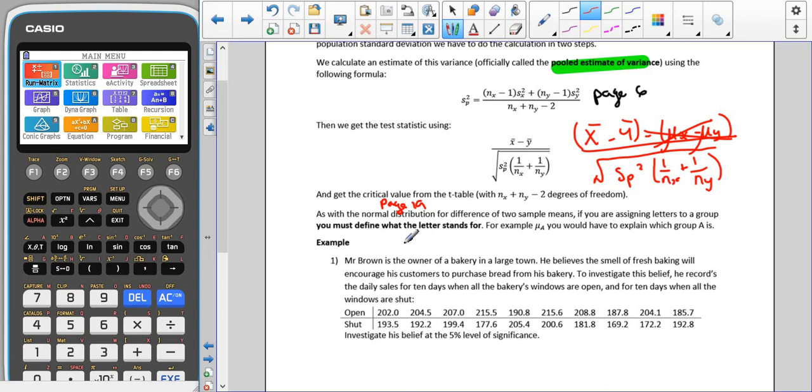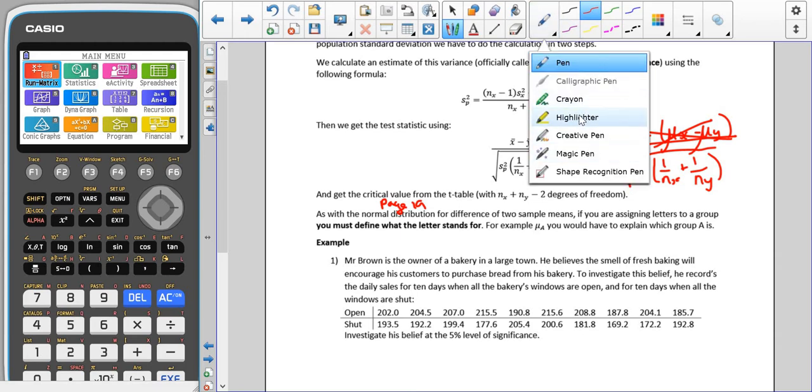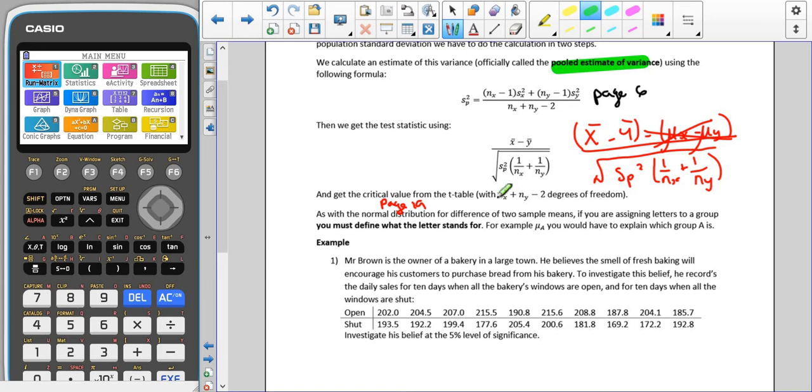And that means that if you remember, if it's a one-tailed test, we just do 100% take off that significance level and look down from that percentage. If it's a two-tailed test, we half the significance level and look down for that percentage. And down the side, we have the little v, which stands for degrees of freedom. And as you can see here, the degrees of freedom for this test, we're going to be adding the number of sets of data that we have in the first group together with the number of sets of data we have in the second group, and then we are going to take off 2.